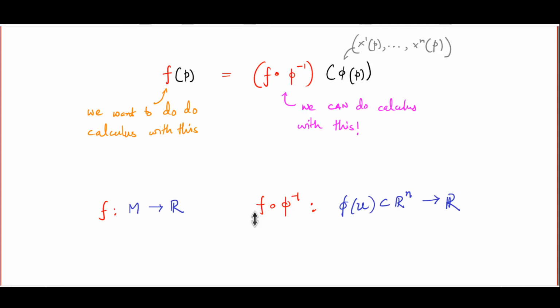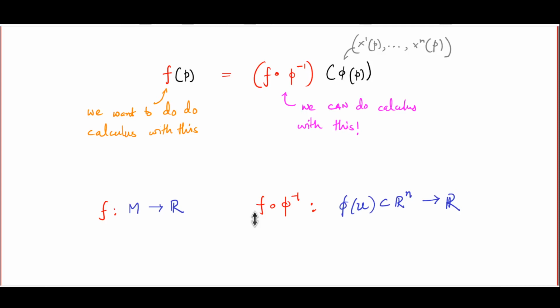As we have already said, the reason why we can use proxy functions at all is that the function f composite phi inverse, when acting on a bunch of numbers x1p, x2p up to xnp, which make up phi of p, returns exactly the same value as does the function f when it acts directly on the point P of the manifold.